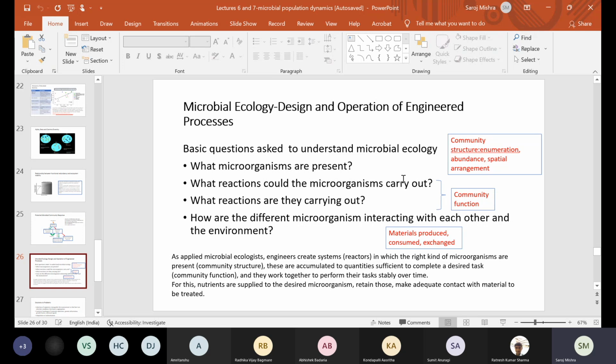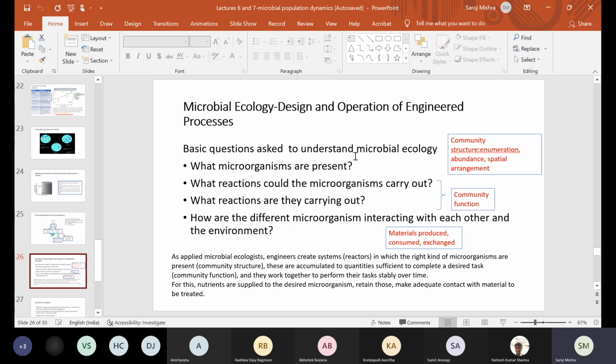What do we mean by that? When you look at a wastewater treatment plant, there are granules which are formed. Granules are three-dimensional structures in which there is a spatial orientation of different microbes. Towards the surface of the granule, on the outside or the first layer looking from outside, are the ones which are going to be aerobic organisms.